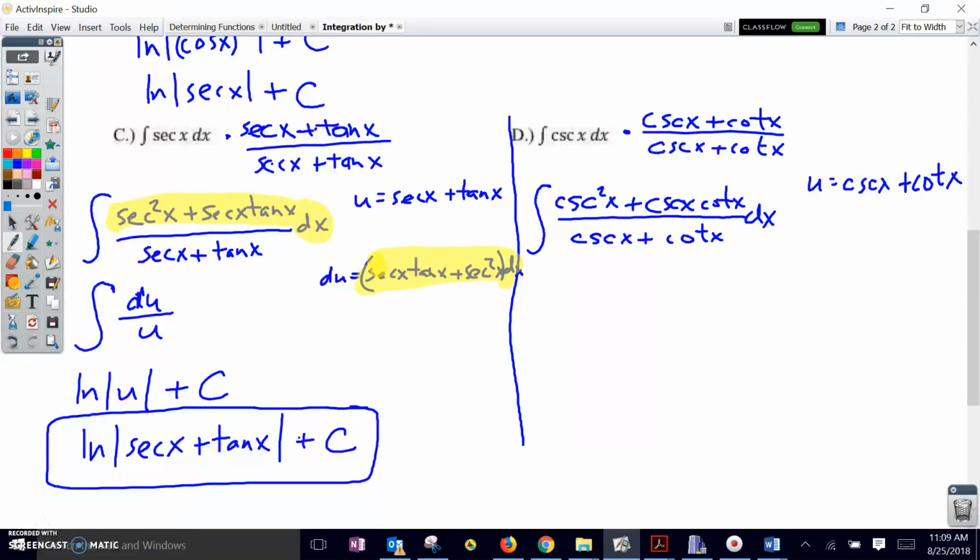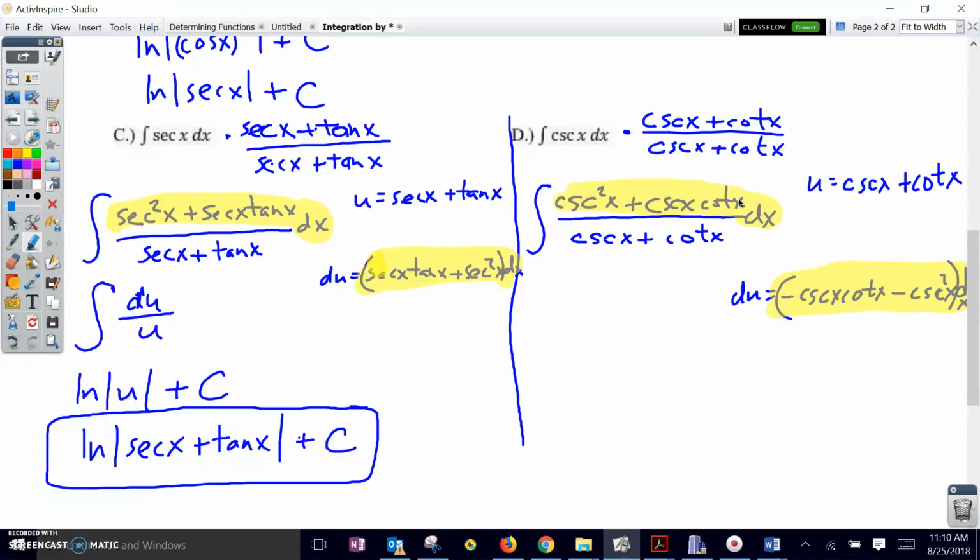And then du: the derivative of cosecant is negative cosecant of x cotangent of x, and the derivative of cotangent is negative cosecant squared of x, dx. And so when I make the substitution, you'll notice that what I have here for du is just the opposite of what I have here.